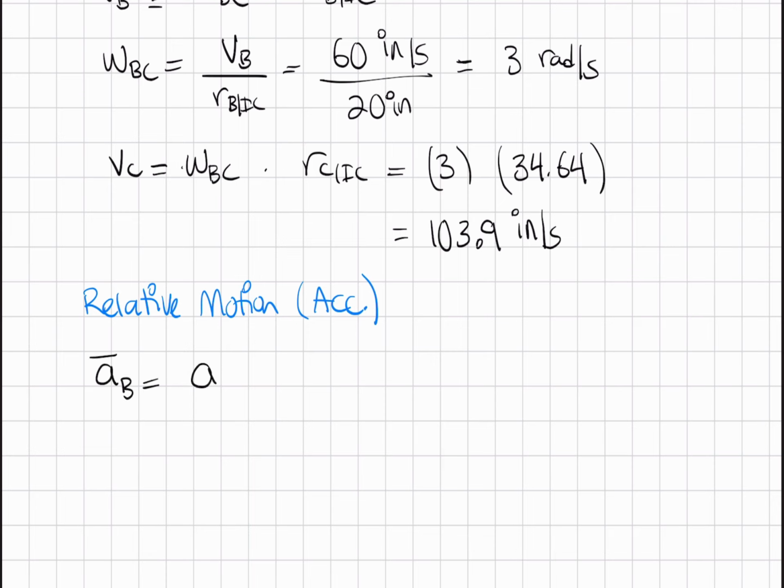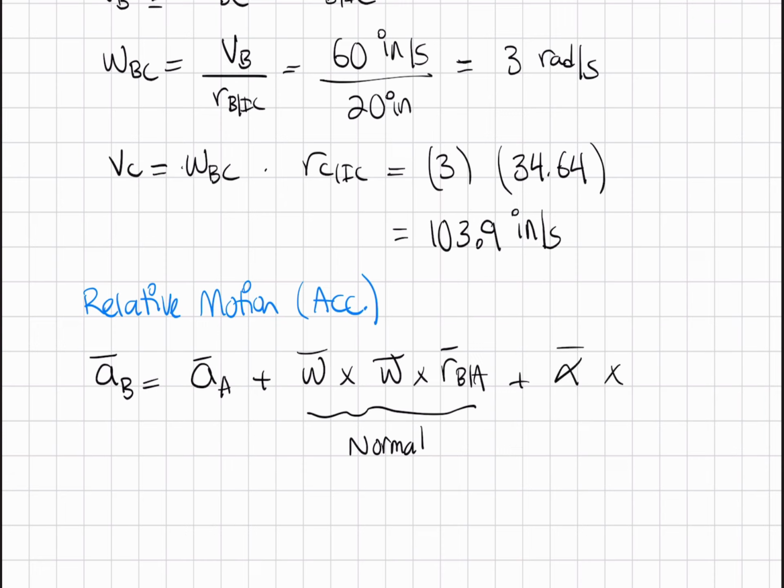The acceleration at B can be described as the acceleration at A plus the normal component, which is omega cross product omega cross product RBA. And we have the tangential component, alpha cross product RBA. So that's really how acceleration for the relative motion can be computed. It's a little different.